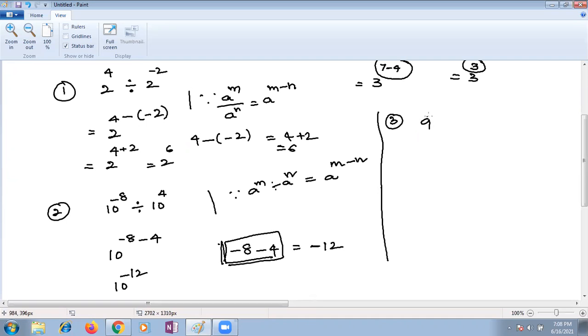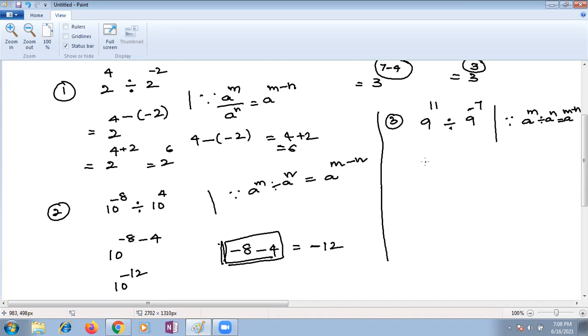Mahavir, are you there? Yes, ma'am. It is 9 to the power 11 divided by 9 to the power minus 7. Ma'am, should I tell the formula also? Yes, you can mention it, because we will repeat it a number of times so that children can remember. The formula is a power m divided by a power n is equal to a power m minus n.